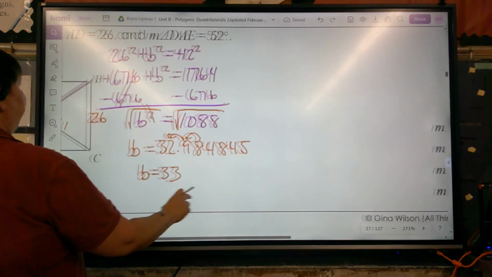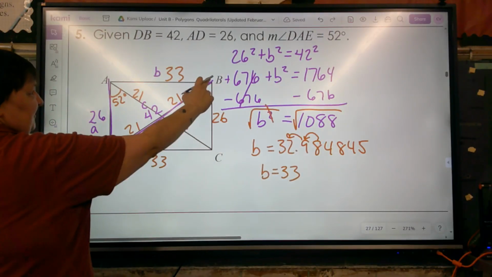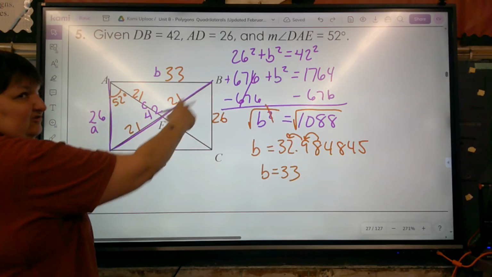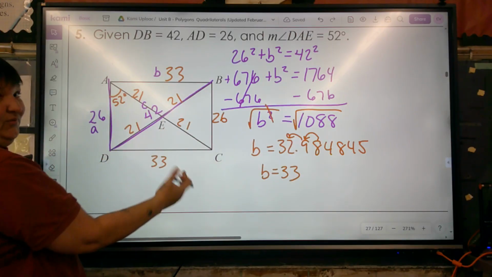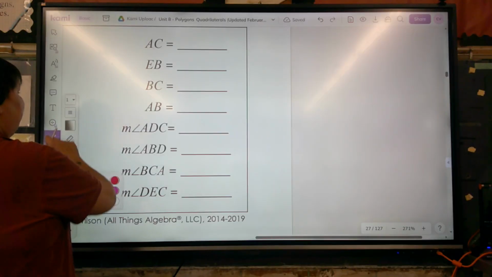A to C. This diagonal is congruent to this diagonal. So if this diagonal is 42, then this diagonal is 42. 21 plus 21, right? 42. All right, so 42.